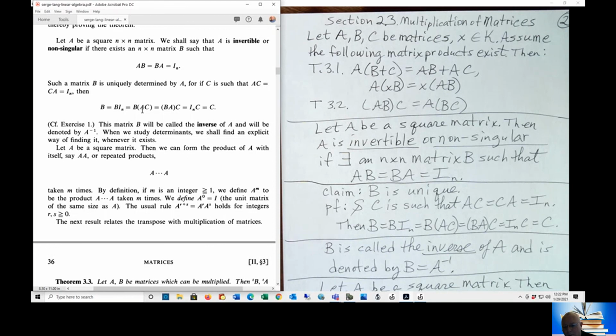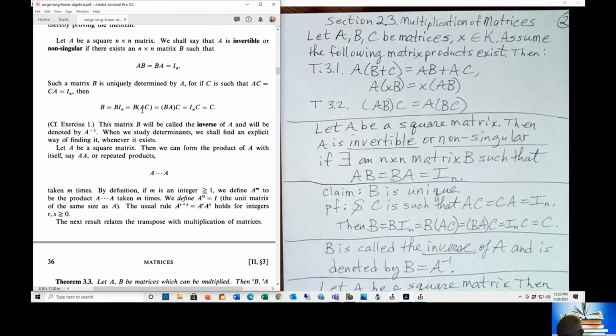And again, remember, we prove something's unique by supposing it's not unique. Suppose there's another one. Suppose C is another inverse of A, where A times C equals C times A equals the identity matrix. And then we have a one-line proof to show that B equals C. Well, B is B times the identity, which is B times AC, and then rearrange the parentheses, BA times C, but what's BA?